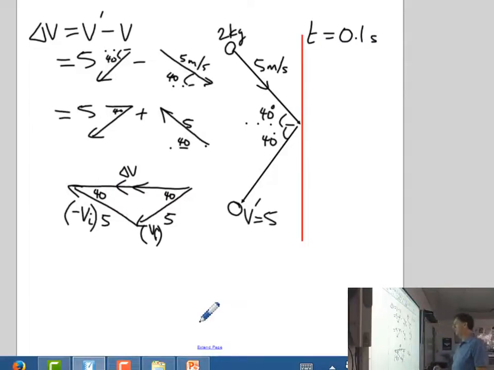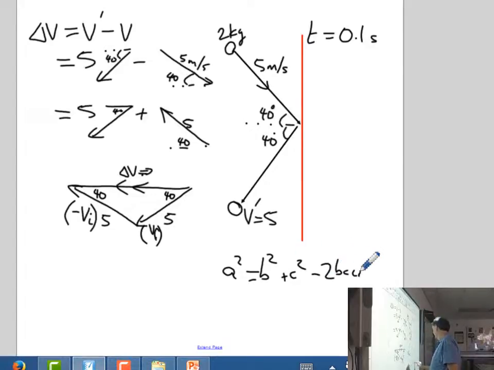How would you work out change in velocity? You could do this: a squared equals b squared plus c squared minus 2bc cos theta, if you've been doing your trig that way. The other way to consider this is to do this as a triangle on half here with a right angle and focus on that part.